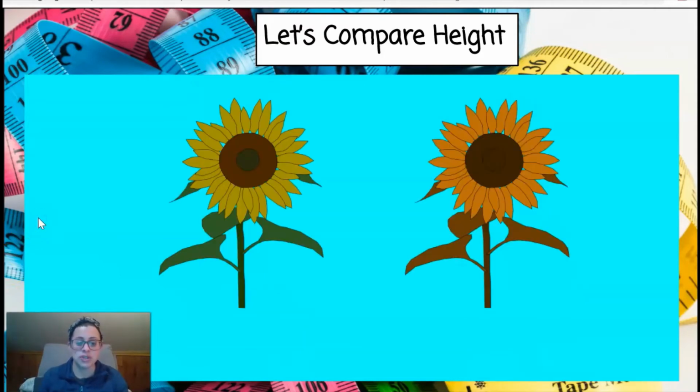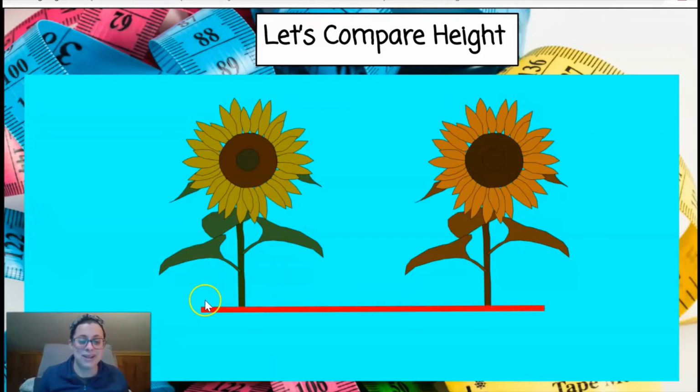Let's talk about these two sunflowers. Your teacher's going to pause the video and talk about the height of these flowers. I'm sure you talked about how these flowers were different than myself and Miss Norwood. Did you notice there was not one taller than or shorter than? You were right.